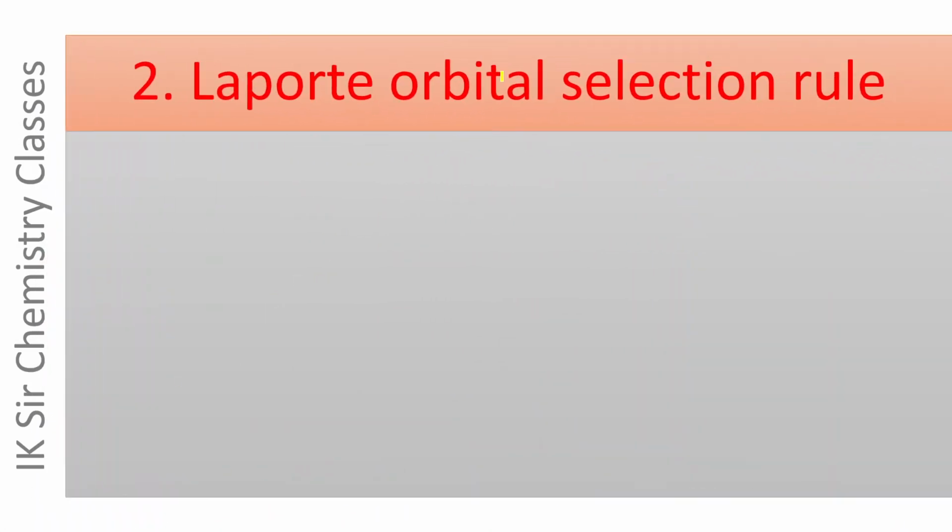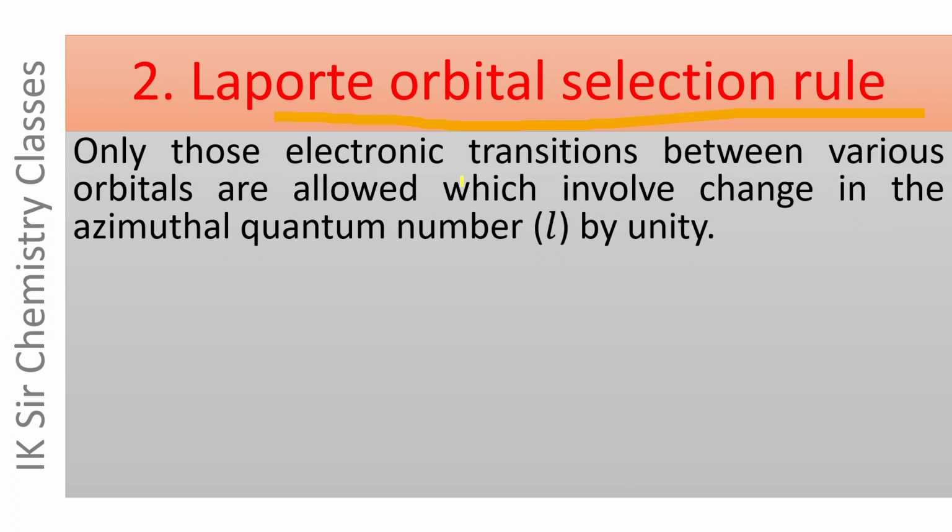The second selection rule is Laporte orbital selection rule. Only those electronic transitions between various orbitals are allowed which involve change in azimuthal quantum number by unity.